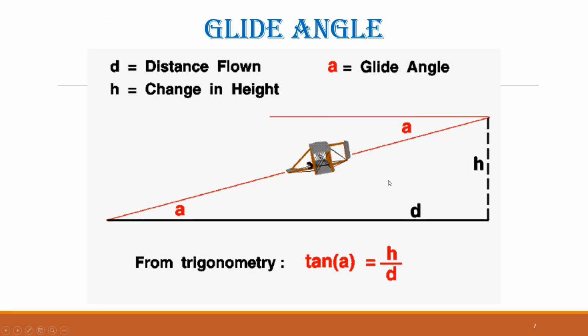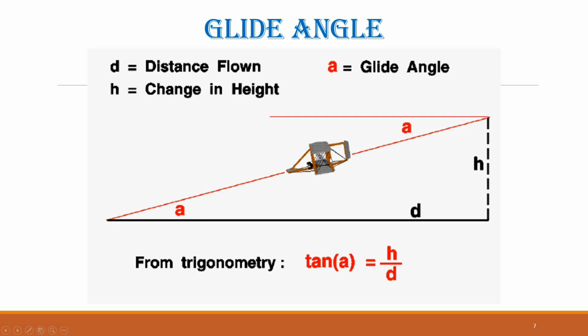Glide angle. When a glider descends steadily, meaning its velocity remains constant and it experiences no acceleration, it continually loses altitude as it moves forward. In this situation, the glider follows a straight flight path, represented by the sloping red line in the figure.